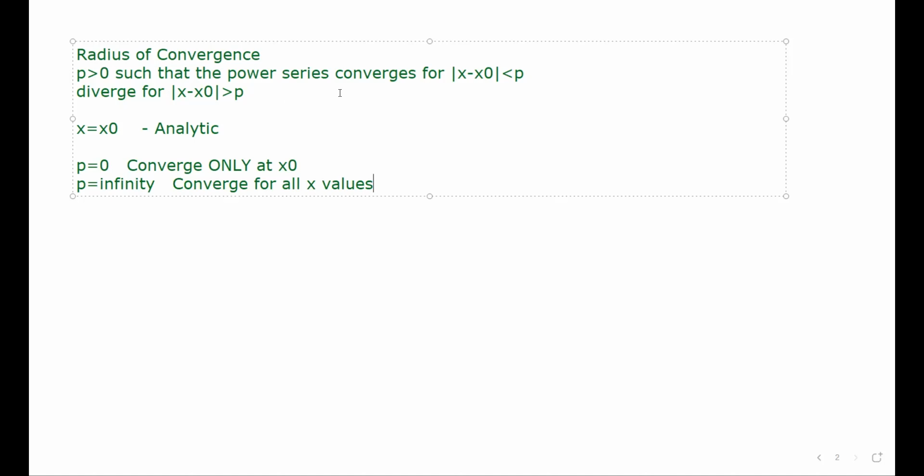We're going a distance away from our x naught to see what works and what doesn't in terms of convergence. So just looking at a quick example here.